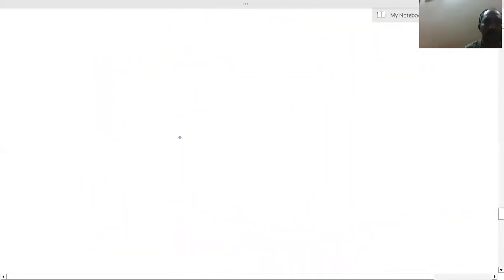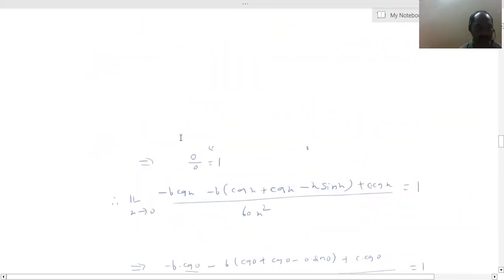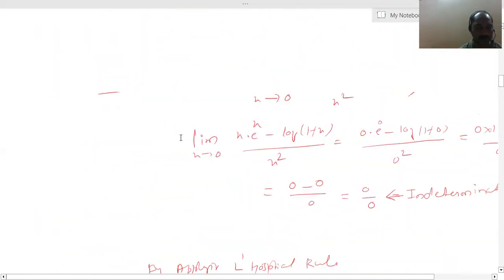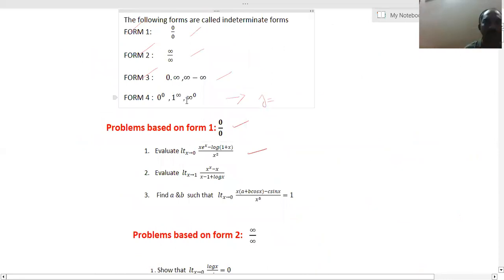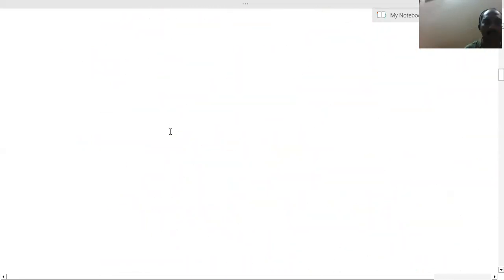In type 4 problems, there are 3 situations: 0 power 0, 1 power infinity, or infinity power 0. We'll take one problem. So apply the log.